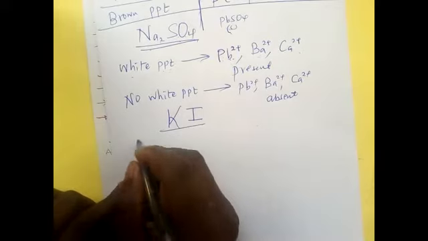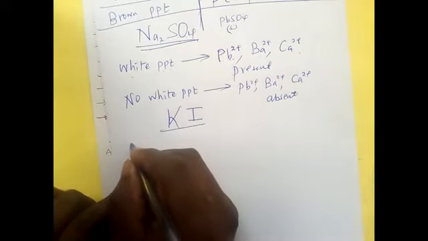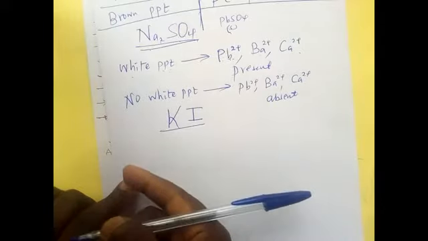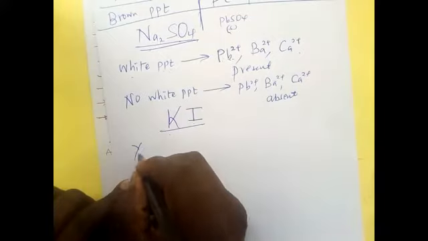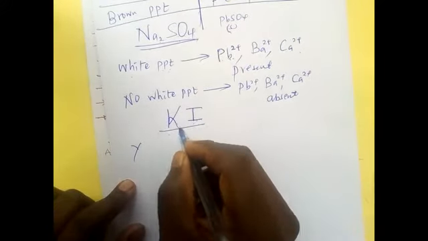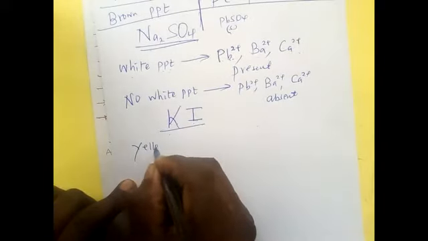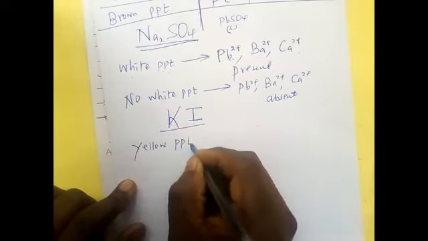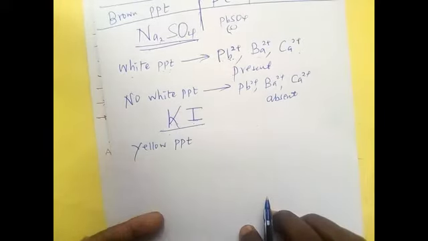For example, you are told that into test tube 3, add 2 drops of lead. Whenever you are using potassium iodide as the reagent, you expect a yellow precipitate. It is either there is a yellow precipitate or there is no yellow precipitate.